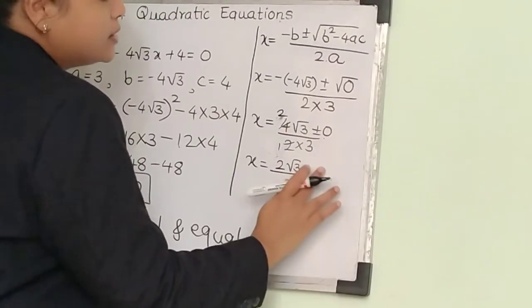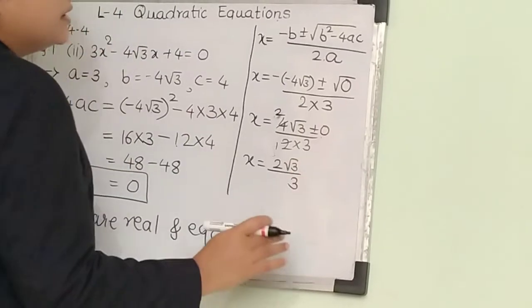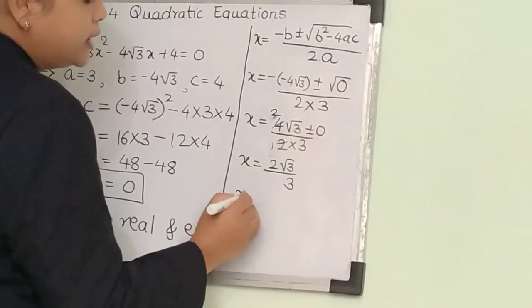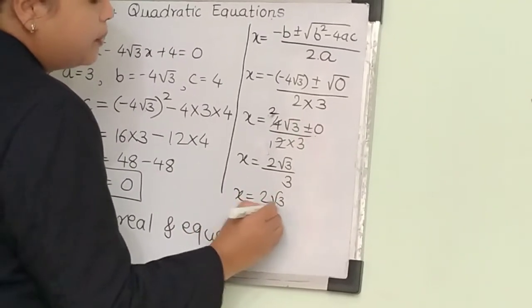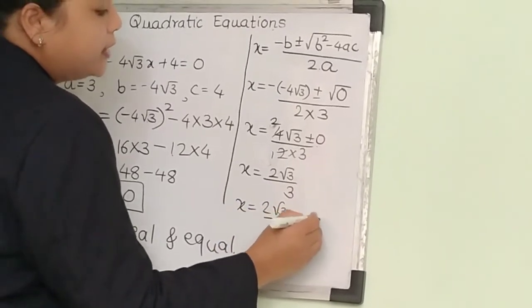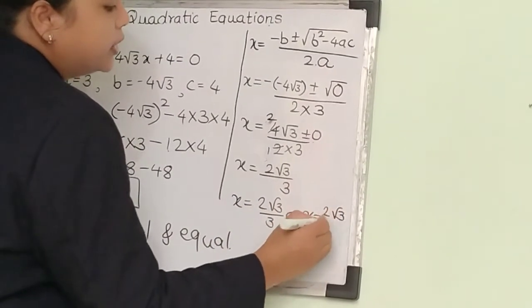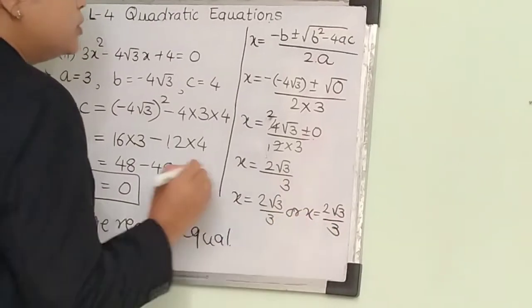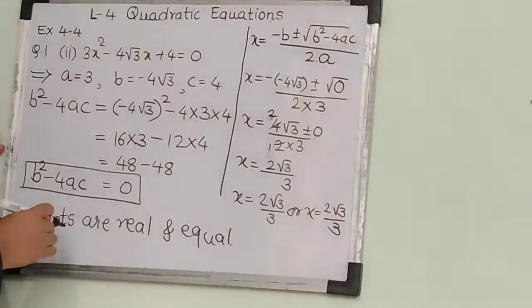Here it is not necessary to write plus or minus 0. So we get x equals 2 root 3 upon 3 or x equals 2 root 3 upon 3. So these are the roots of the given quadratic equation.